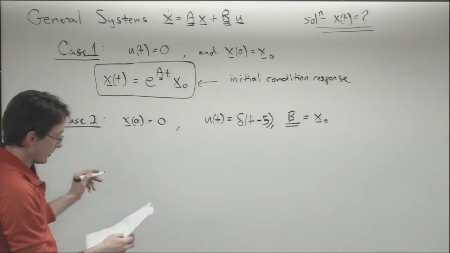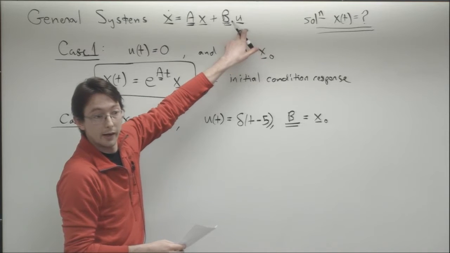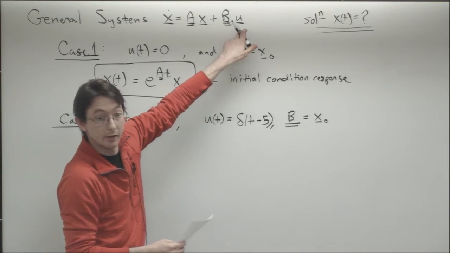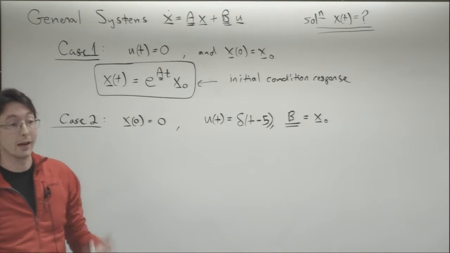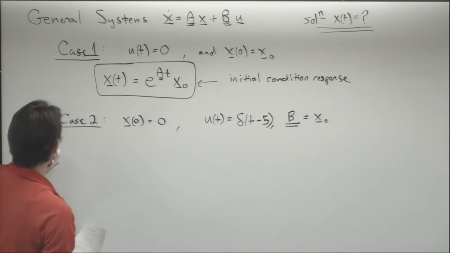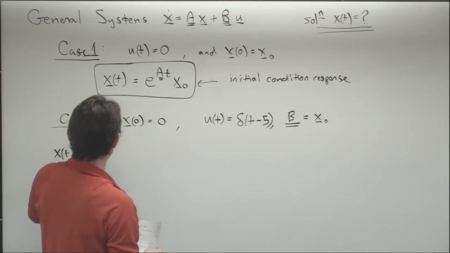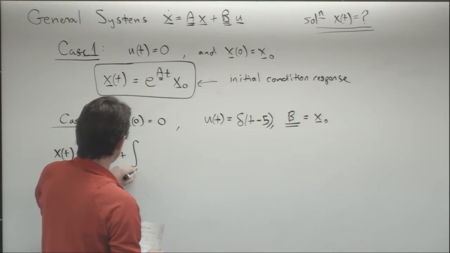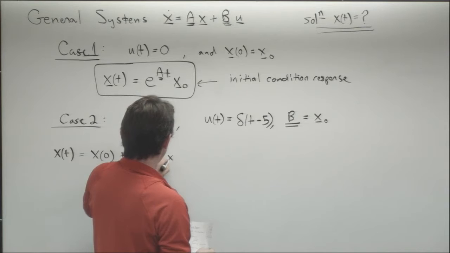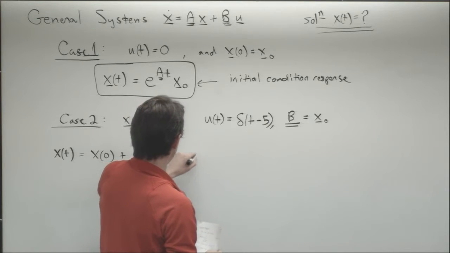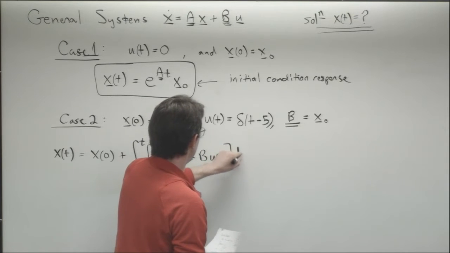And so the way I'm going to write this is as follows. I can always take this equation, and I can multiply both sides by dt and integrate. It's not really that useful for computing things, but mathematically I can write that as the solution. I can say x of t is equal to x naught plus the integral from 0 to t of a x of tau plus b u of tau d tau.